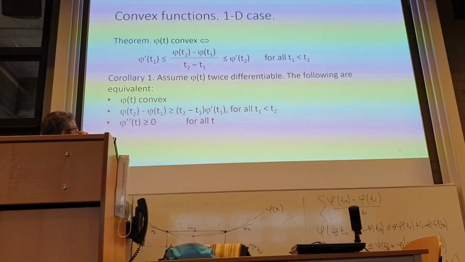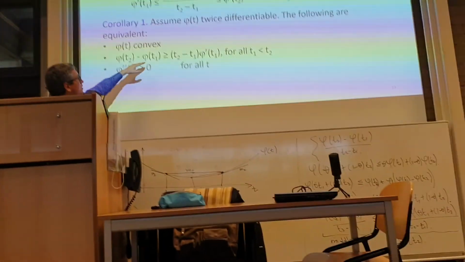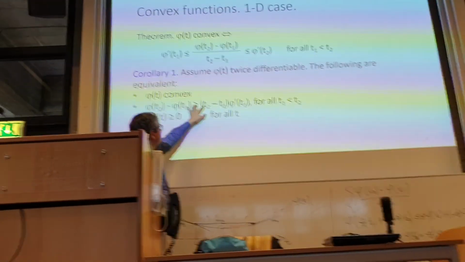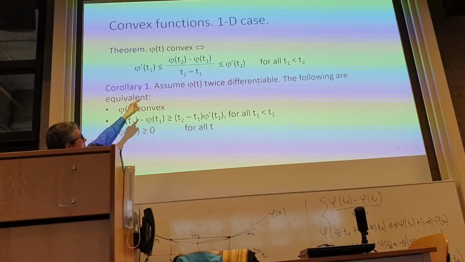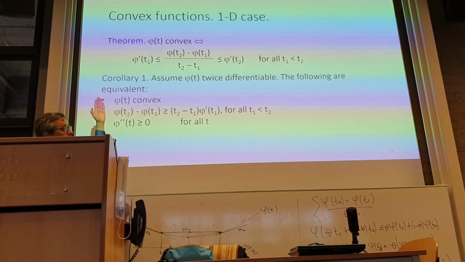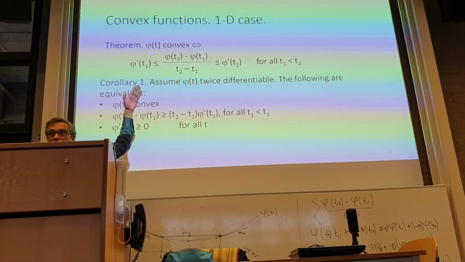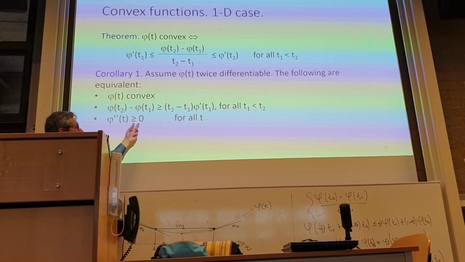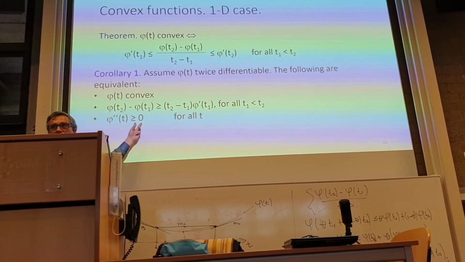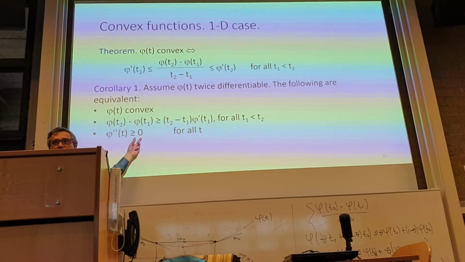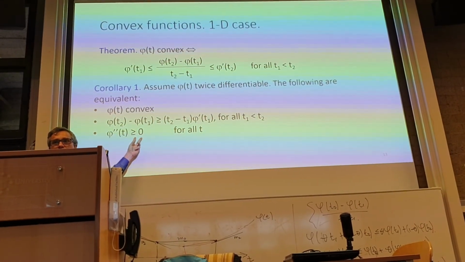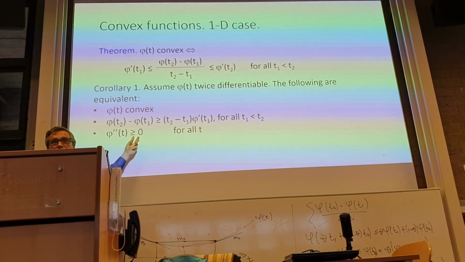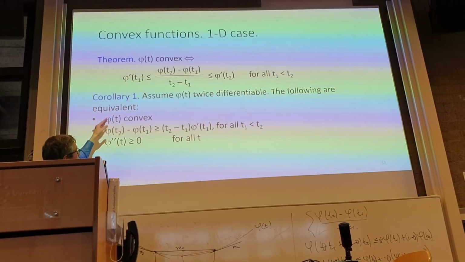And third, again, if this is true, then the right part will also be true. Therefore, my derivative is increasing, and that means that the derivative of the derivative, the second derivative, has to be positive, I mean not negative. And all these three conditions are equivalent.